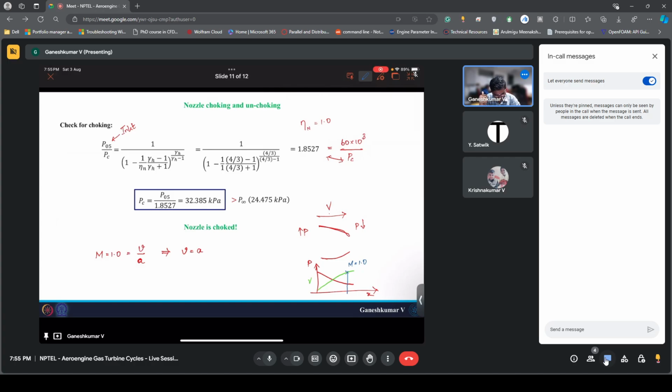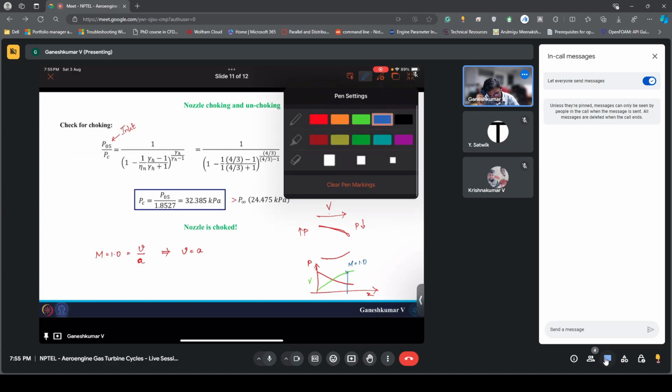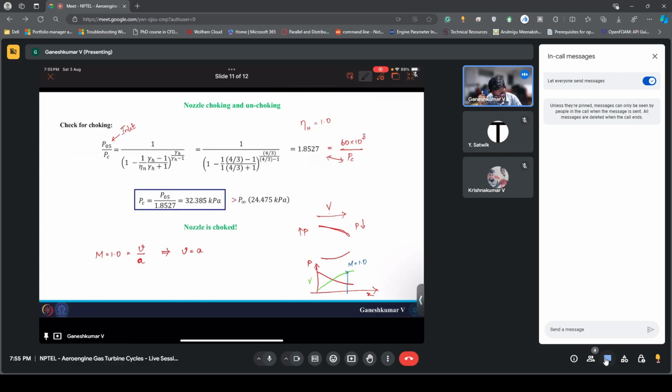For example, the flow is happening in this direction, and the ambient pressure is at the exit. If the air here needs to know that my exit is P infinity, the information has to travel backwards.